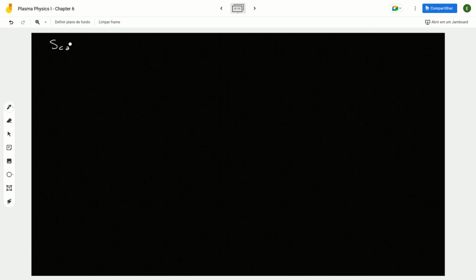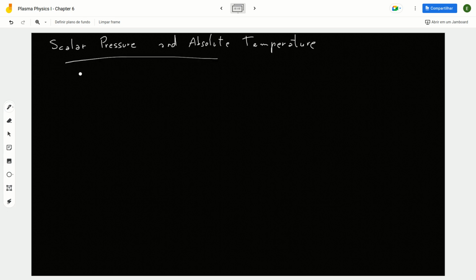Let's talk now about scalar pressure, because we have talked about the vector and tensor pressure. Now let's think about scalar pressure and absolute temperature. Well, what's the definition of the scalar pressure? Scalar pressure is just 1 over 3 times the trace of the pressure tensor.